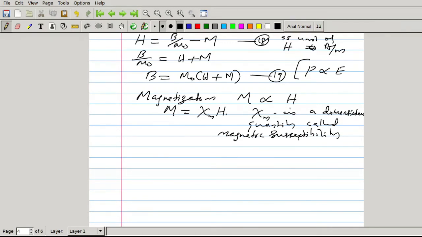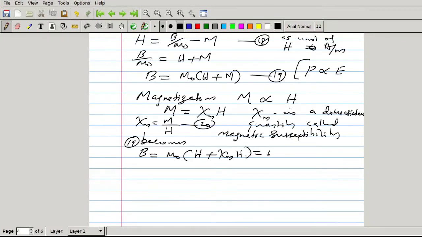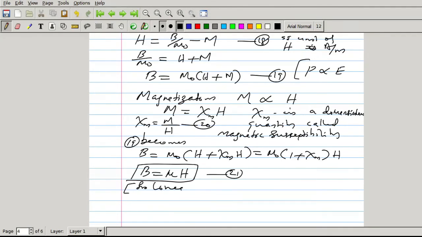So chi m is M by H, equation number 20, and equation 19 becomes B equal to mu 0 into H plus chi m H, or mu 0 into 1 plus chi m into H, or we can write B equal to mu into H. This is applicable for linear dielectric media.